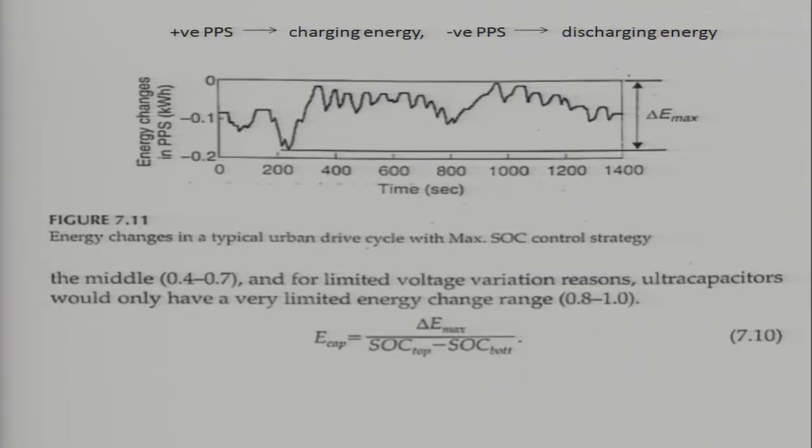Between these two limits you have delta E max, the maximum change in energy, which is calculated using this graph.